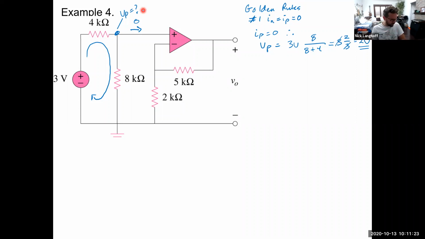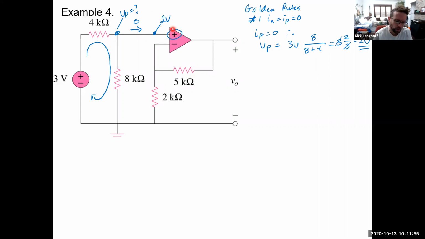So what we've then just figured out is the following. There are a couple of ways you could go and solve this. Once you know VP is 2 volts, I'll show you a couple of ways. We could just use the golden rules and get there, or we could recognize that this is a common op-amp block. Essentially, we have 2 volts feeding the non-inverting terminal of an op-amp.